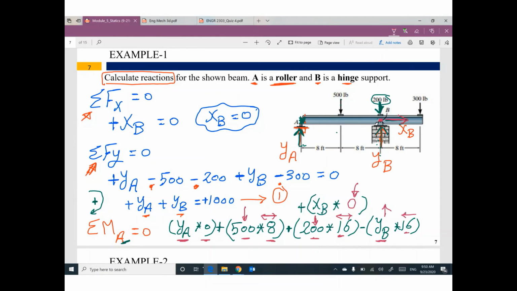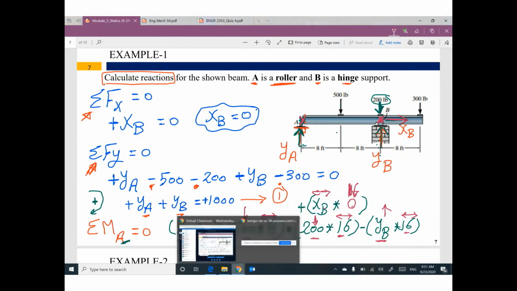In this case, XB is horizontal, so your distance must be vertical. Do you have vertical distance between this point and this point? We don't have distance. You got it?